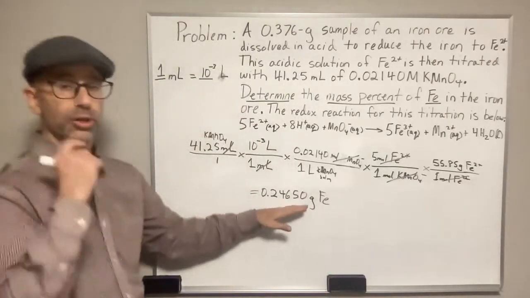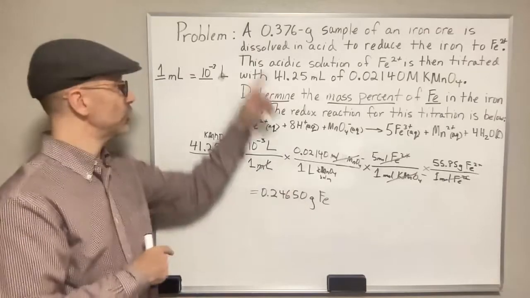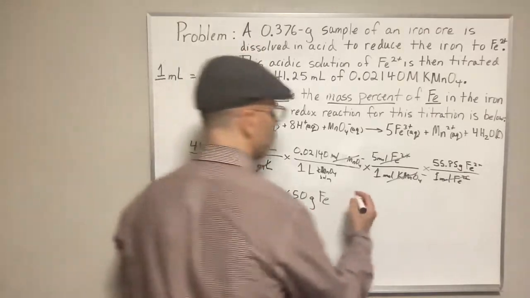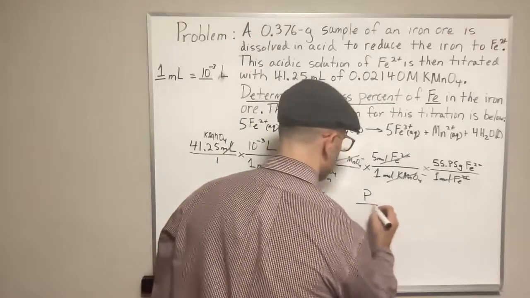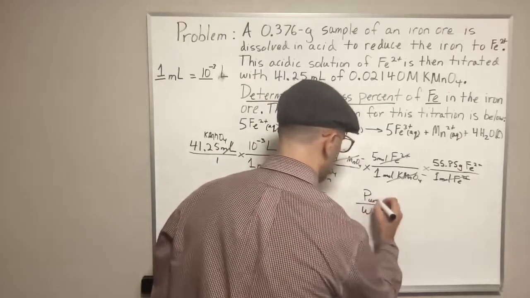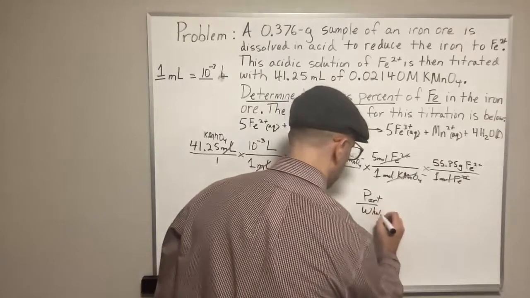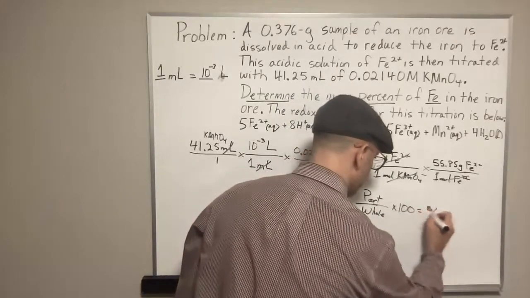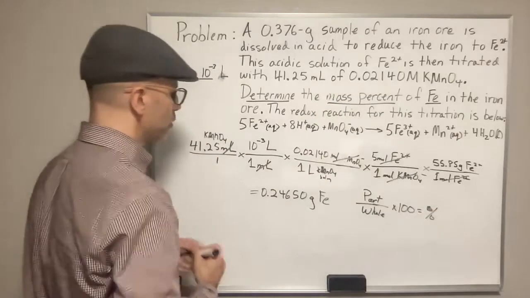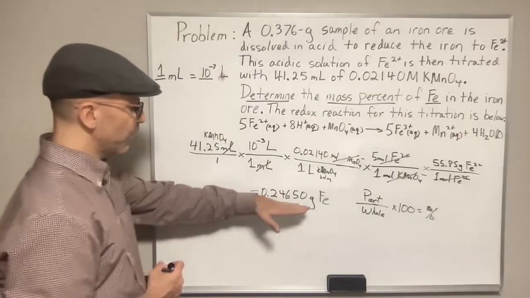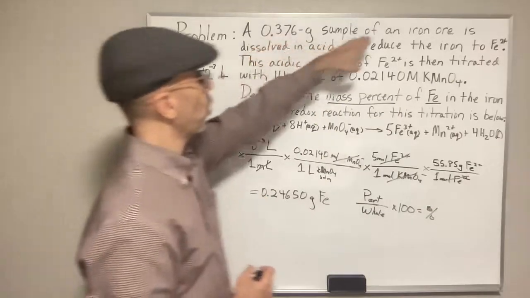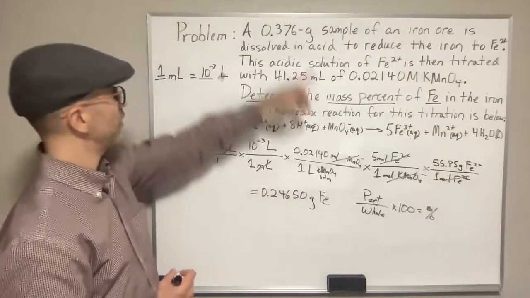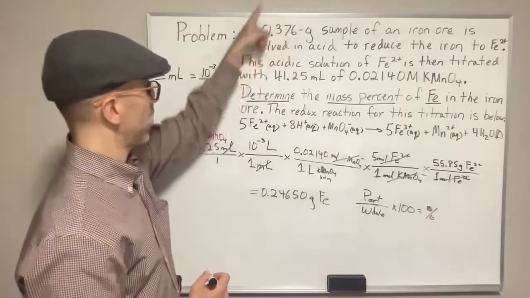So now that we know the grams of iron that was in the original sample, they want the mass percent. And remember, whenever you do a percentage, it's going to be part divided by the whole, multiplied by 100 gives you the percent. So here's our part. Part of the iron ore is iron, which is this amount, and this is the total for the iron ore sample.